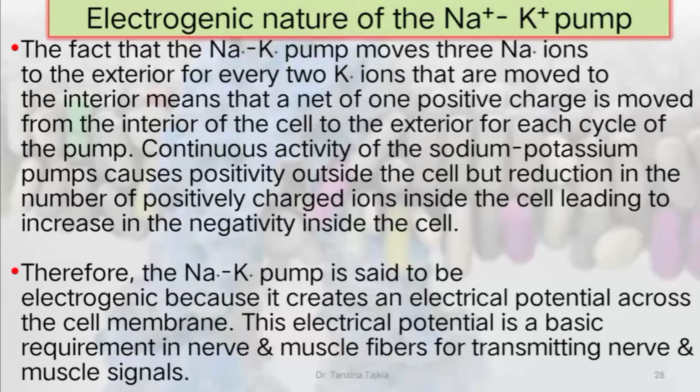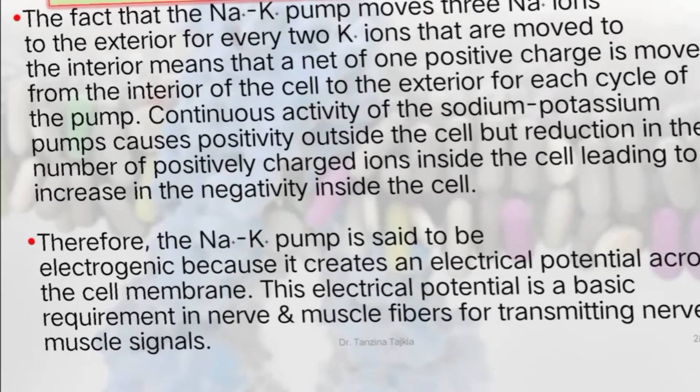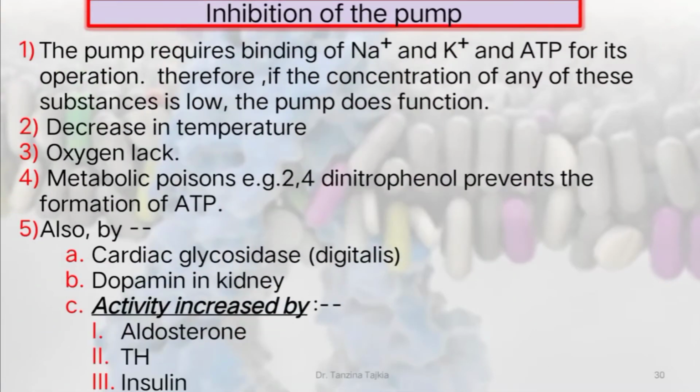This electrical potential is a basic requirement in nerve and muscle fibers for transmitting nerve and muscle signals. Regarding inhibition of the sodium-potassium pump, the pump requires binding of sodium, potassium and ATP for its operation.